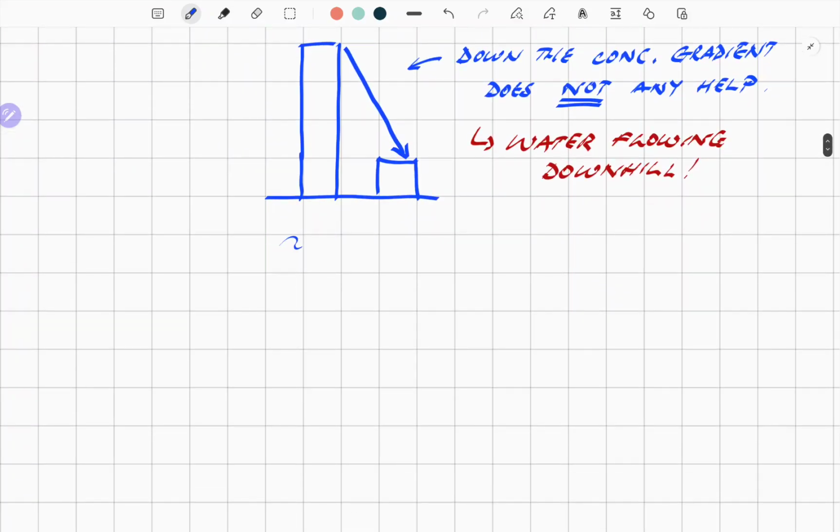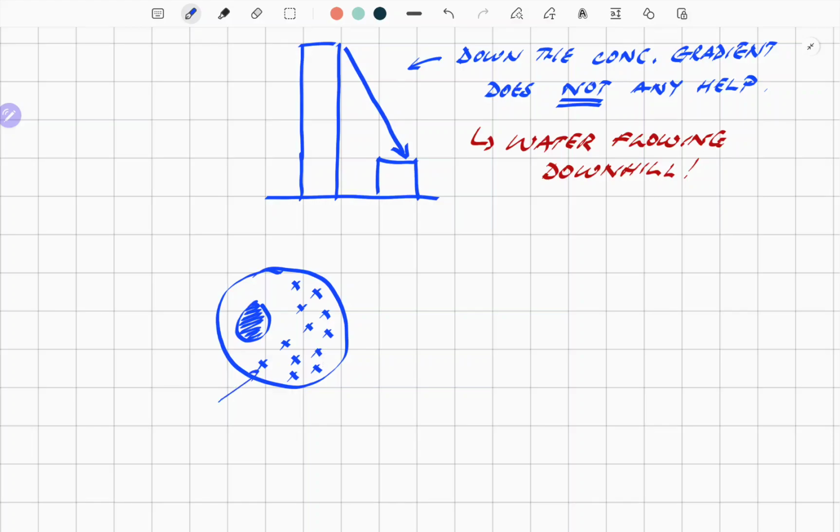So if you have, for example, a cell, there's your nucleus, and the cell already has lots of glucose in it, because what do cells need glucose for? Energy.